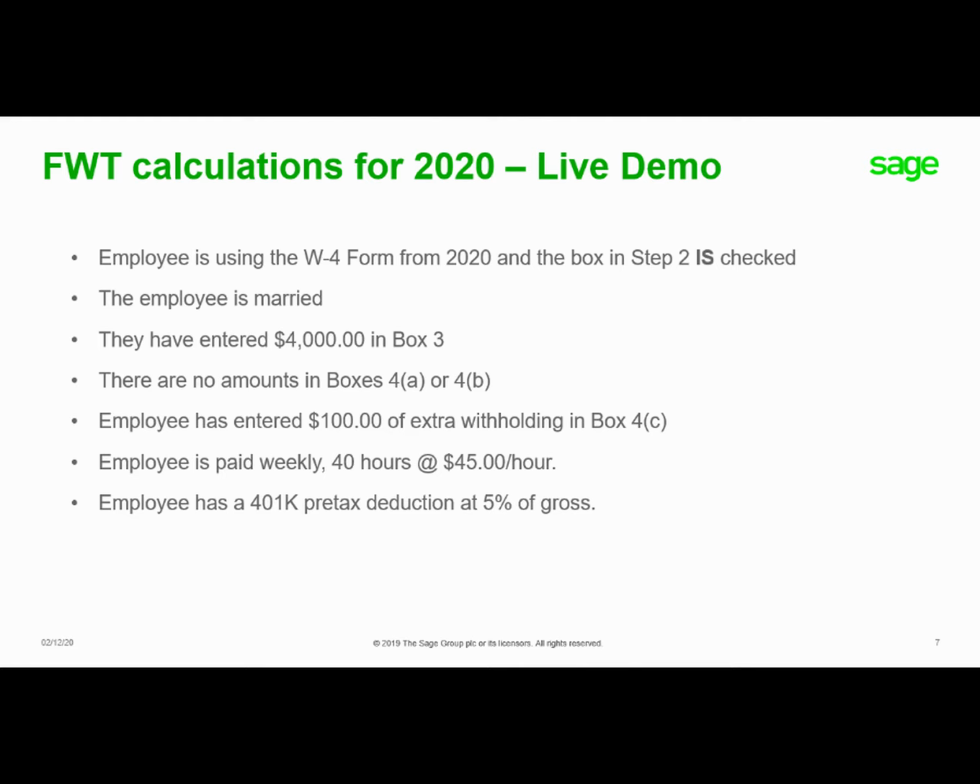The employee has also entered $100 of extra withholding in box 4C. The employee is paid weekly, 40 hours at $45 an hour, and the employee has a 401k pre-tax deduction at 5% of gross. So basically, this employee has set up the same as our previous example, except that box 2 has been checked.